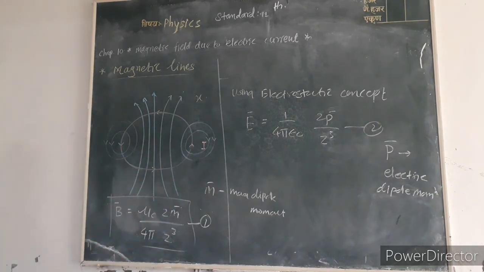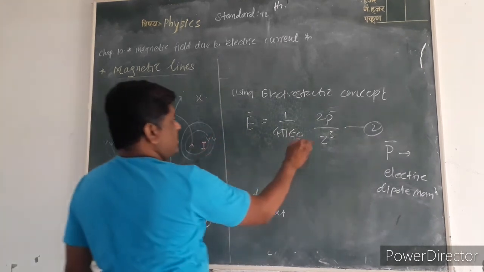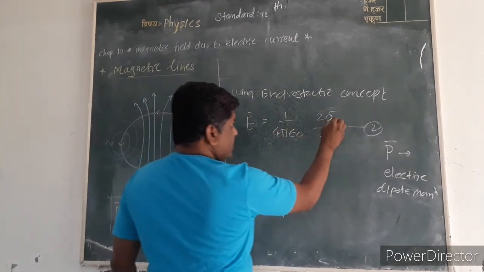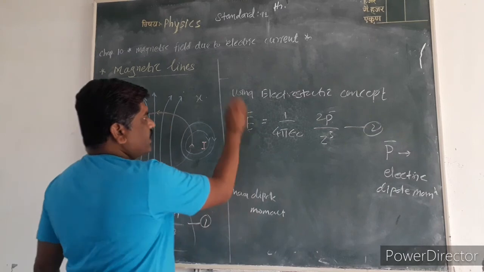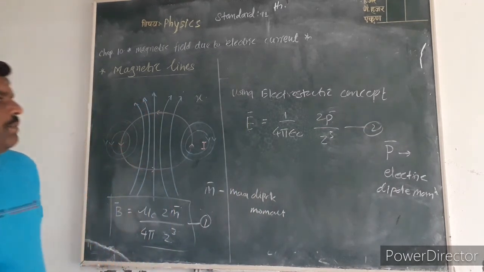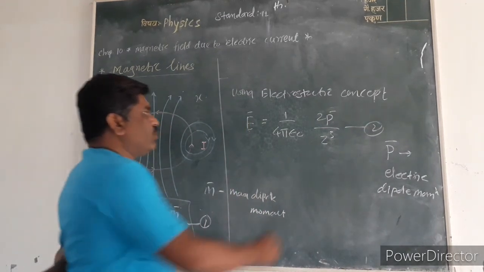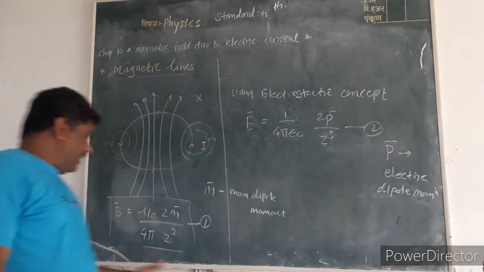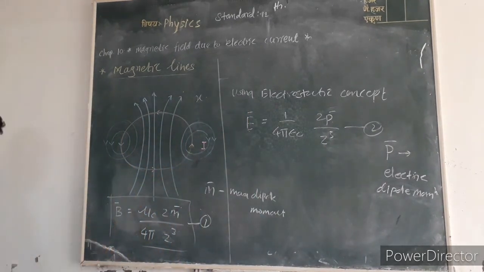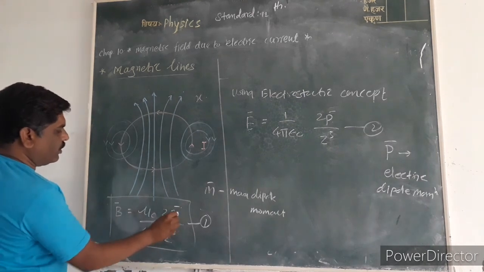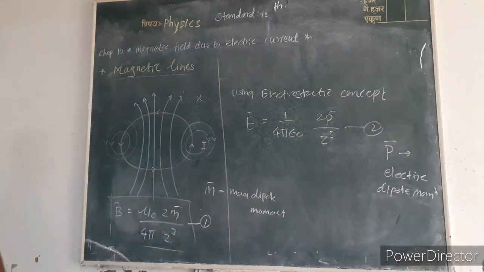In an electric dipole we get electric intensity 1 upon 4 pi epsilon 0 into 2 p bar upon z cube. And in equation 1, due to the magnetic dipole moment we get magnetic field or magnetic intensity mu 0 upon 4 pi into 2 m bar upon z cube.